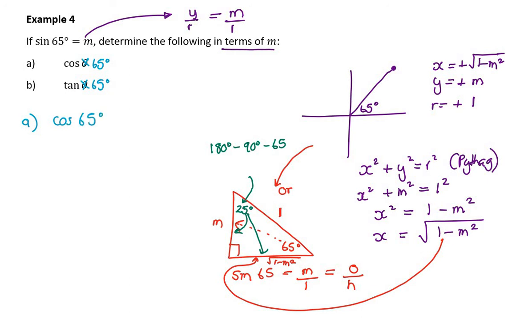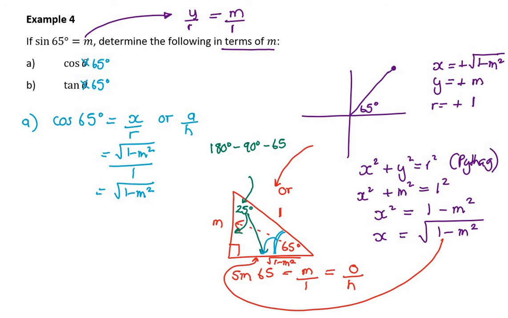If you had drawn the Cartesian plane, you would say technically cos is x over r, which in this case is root 1 minus m squared over 1, which is root 1 minus m squared. If you had used the right angle triangle, you would say cos is adjacent over hypotenuse.